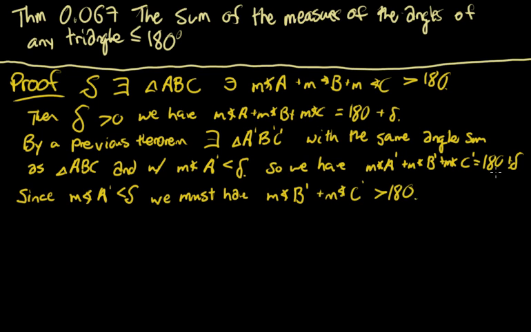Because if we subtract measure of angle A prime from here and delta from here, then this equal sign would change to a greater than for the measure of angle B prime and C prime side. This is a contradiction.